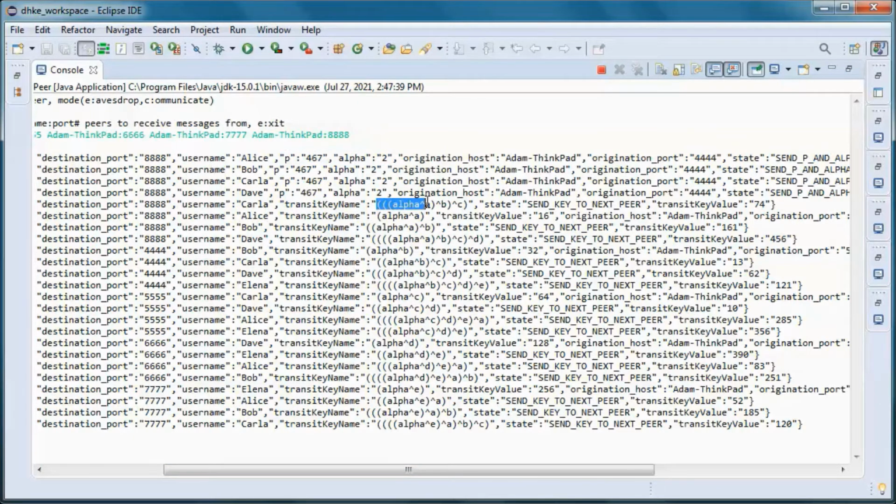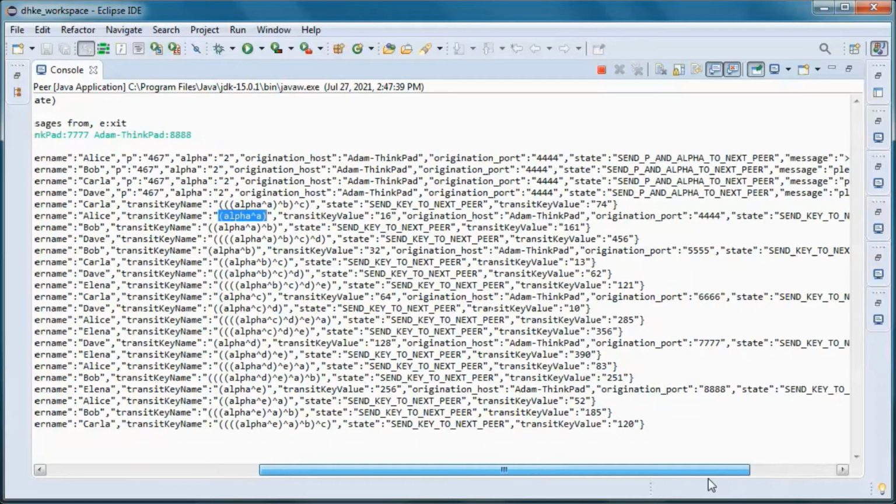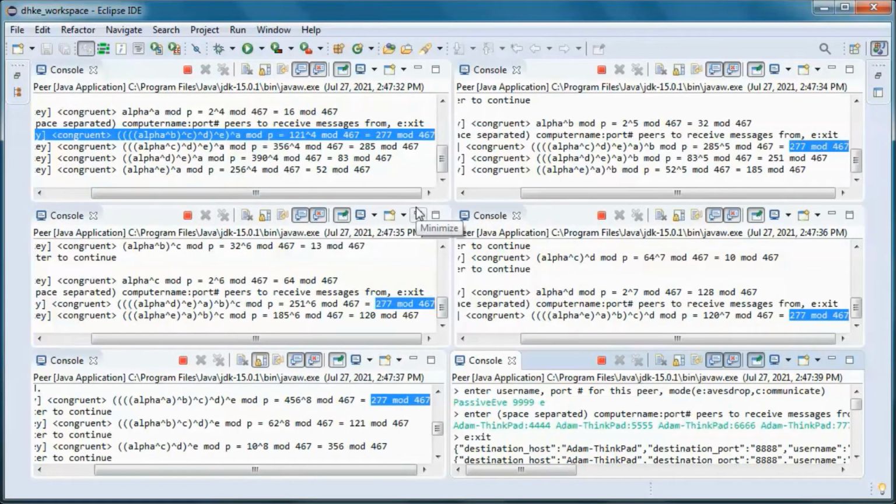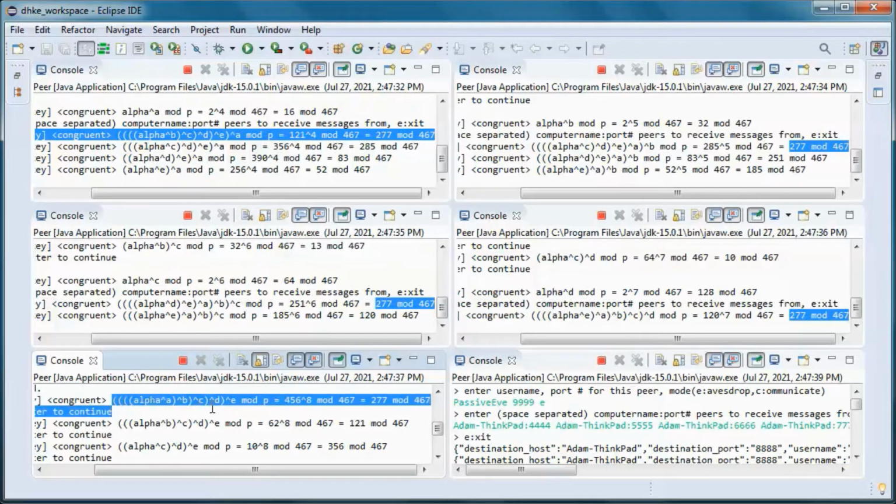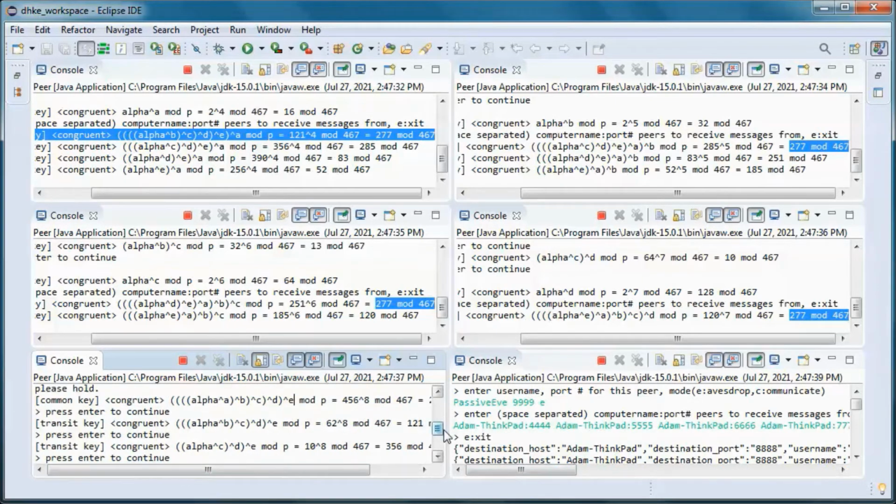And she can see the values of alpha to the power of A, to the power of B, to the power of C, and alpha to the power of A, alpha to the power of A to the power of B, until alpha to the power of A to the power of B to the power of C and to the power of D. But she cannot see the values of alpha to the power of all 5 private keys, so A, B, C, D, E, which is the common key calculated here by Elena.